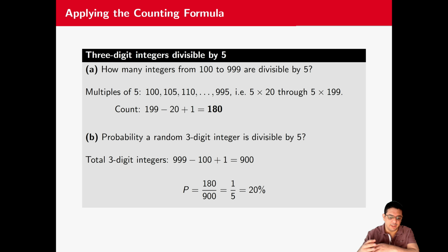Okay? But the event is the multiples of 5. From those we have 180. So the probability here will be 180 over 900. This is the sample space total, and this is the event. So it's super important you're always identifying who's the sample space and who is the event.